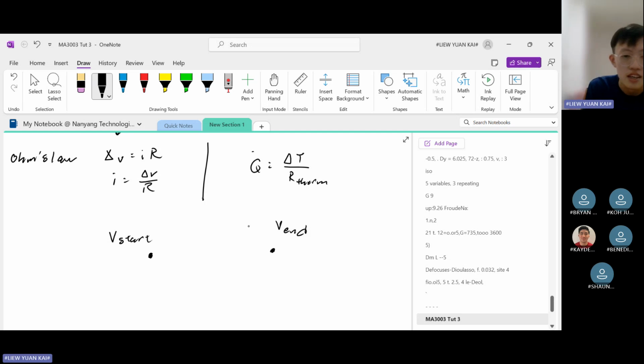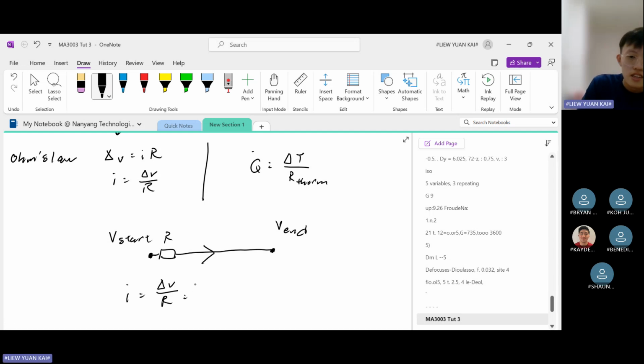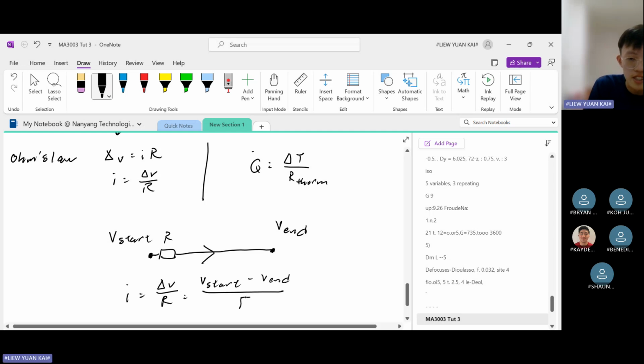If I have this node which has a value of V start and this node which has a value of Vn, and the current flows from here to here, then to calculate I, it is given by delta V over R. Because we have an R, let me draw a resistor here with value R. This delta V is given by V start minus Vn, divided by the resistance it goes through.